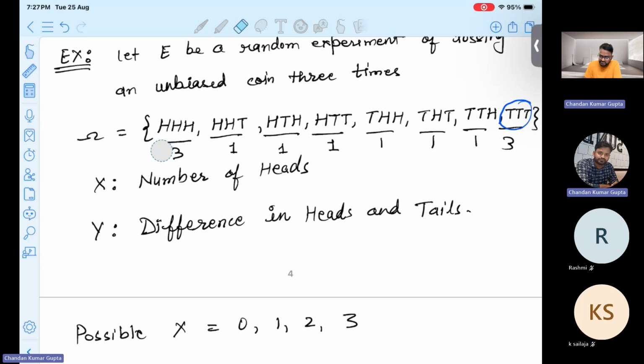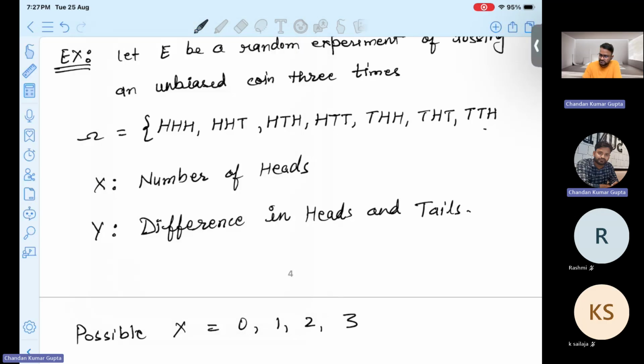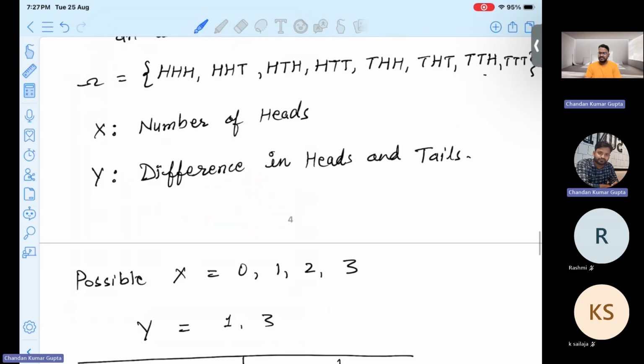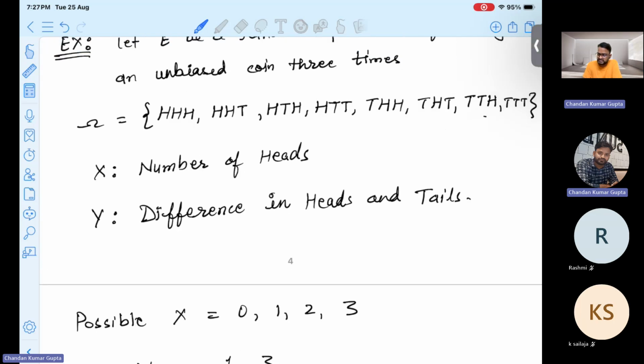Let me erase something. So here we are going to say x equal to 1, y equal to 1. The number of heads is 1. So the outcomes with one head are these three, and the difference is also 1.